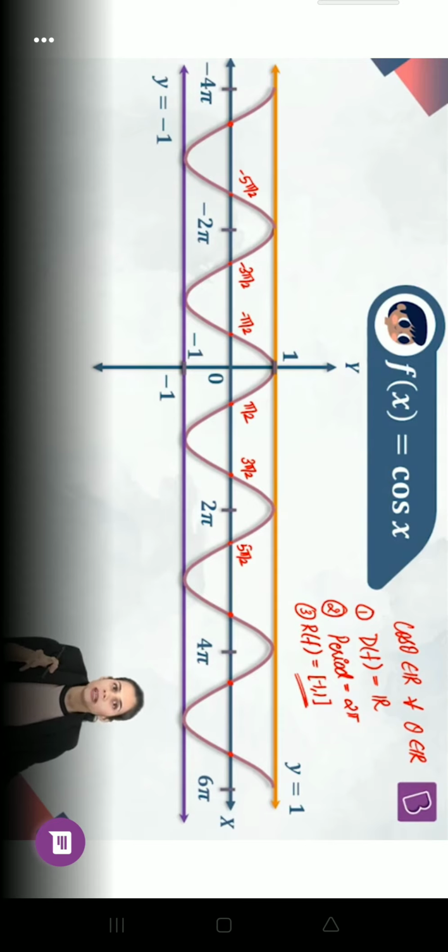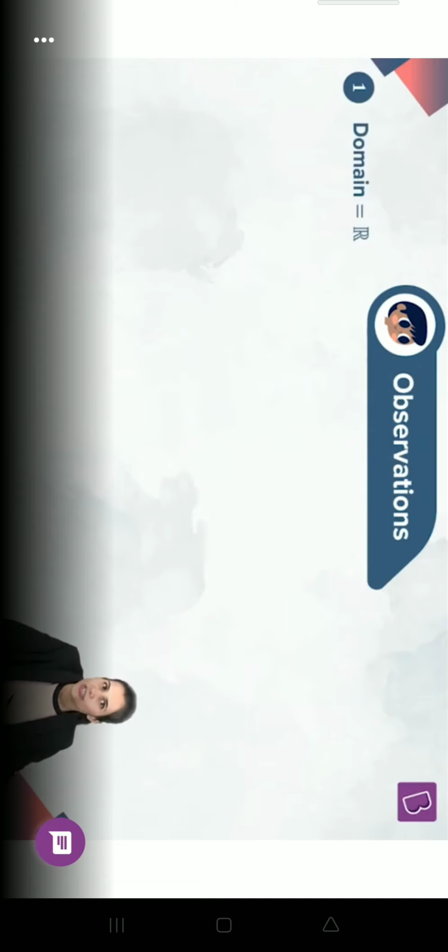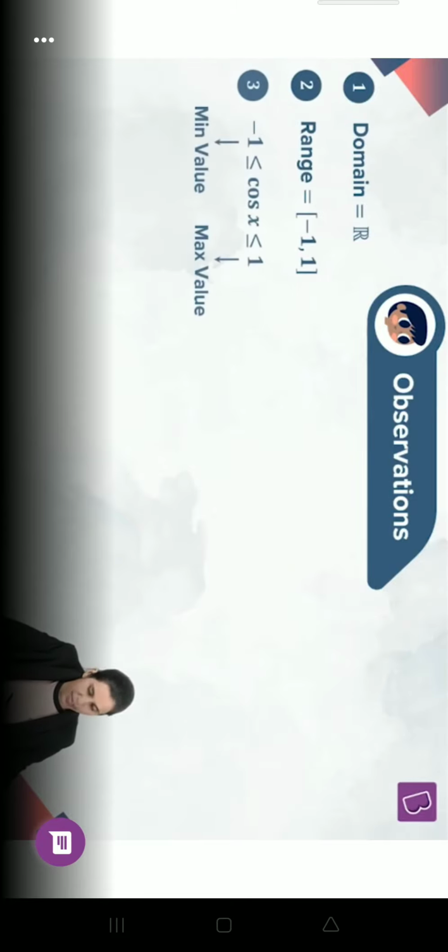So this gives you a very beautiful conclusion that tan of every angle exists except all the odd integral multiples of pi by 2. That means the domain of the tan function is all reals except all the odd integral multiples of pi by 2.